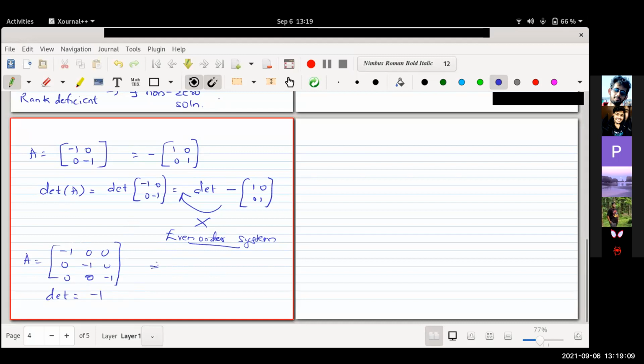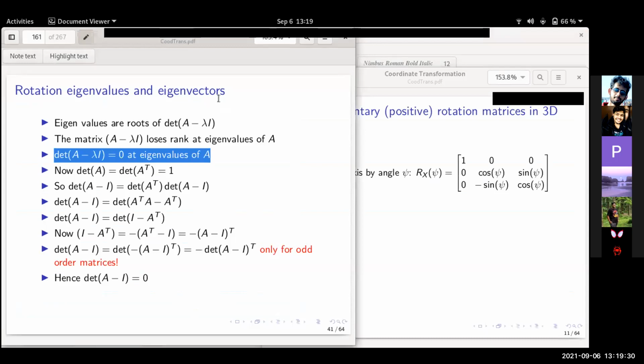So in this particular case, I can take this as minus times the determinant of 1, 0, 0, 0, 1, 0, 0, 0, 1. So this is allowed for odd order. That is what we have used here. So this property holds good for odd order systems.